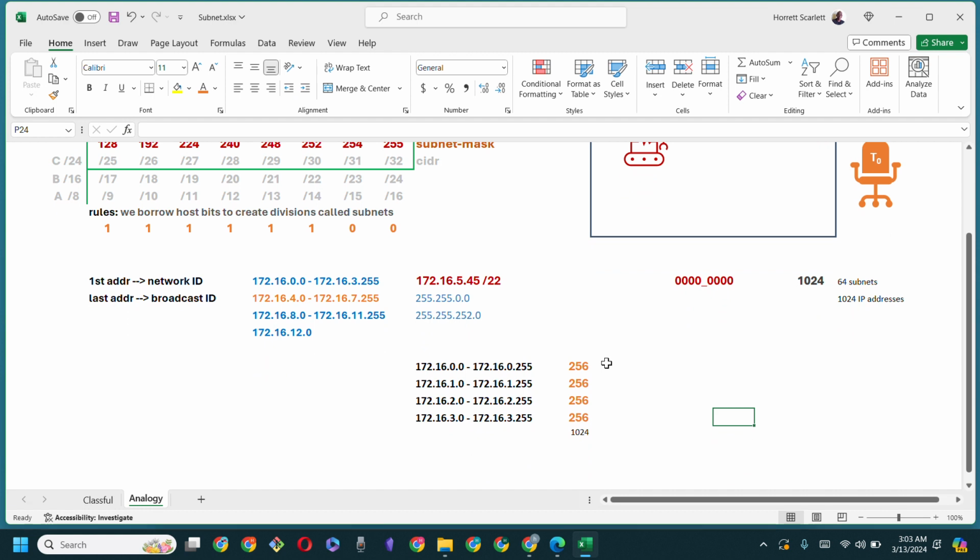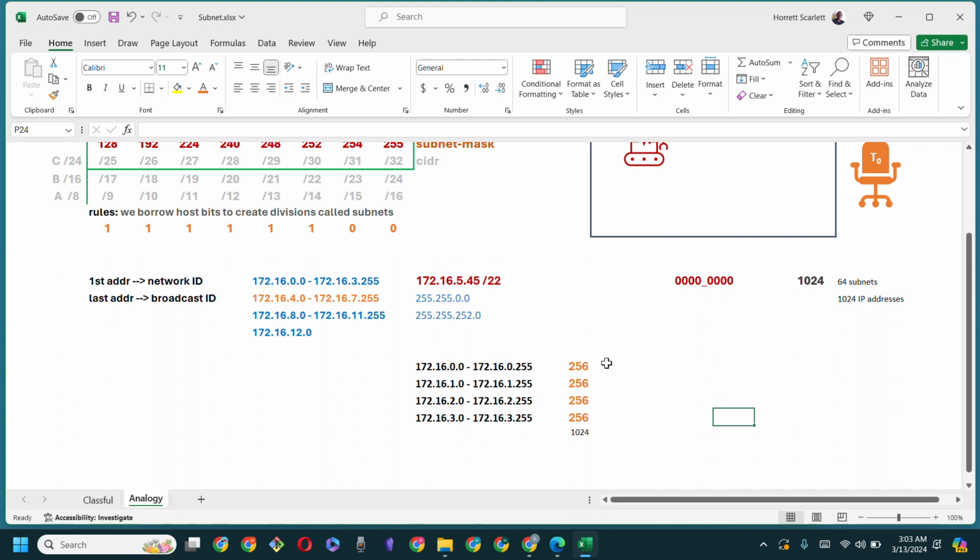So by having a look at this IP address 172.16.5.45 with a /22 slash notation, we have determined that it should fall into the 172.16.4 network.